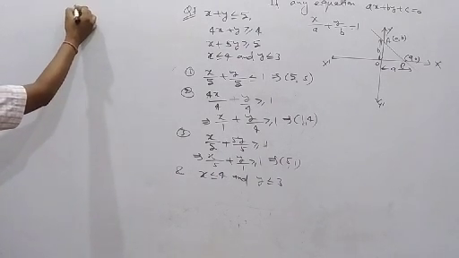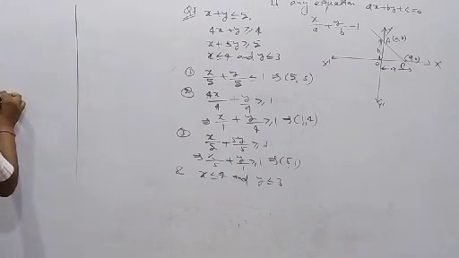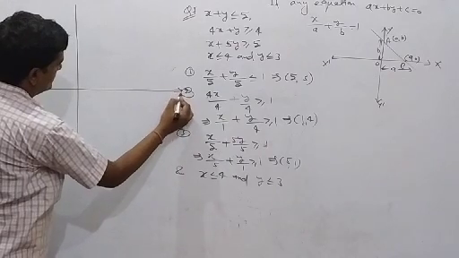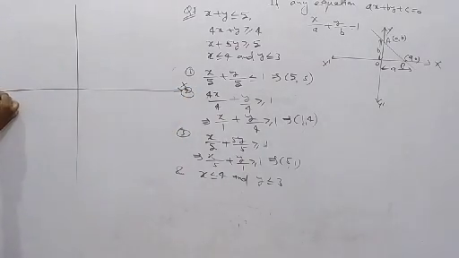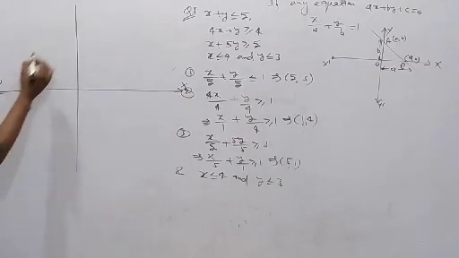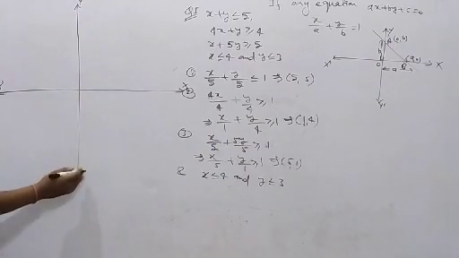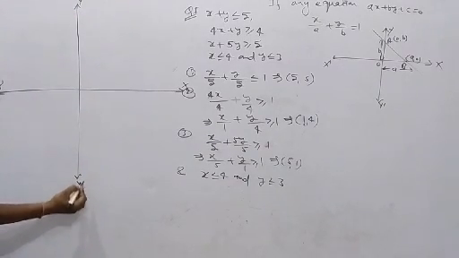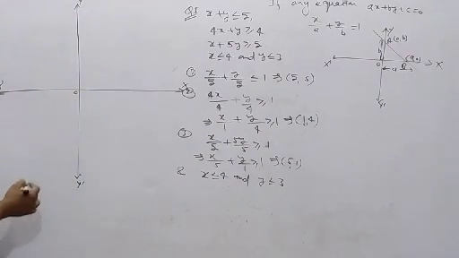Now here, x axis, negative x means x dash, y axis, negative y means y dash, here origin.